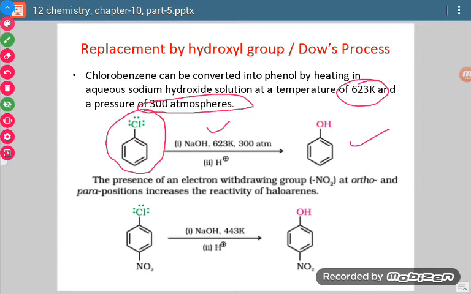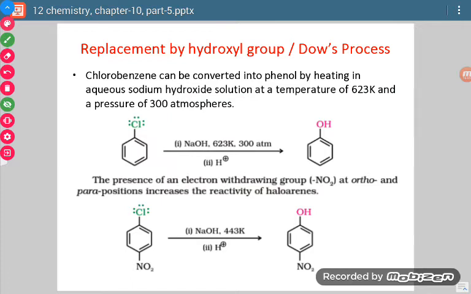Now the question is, if there is an electron withdrawing group present with this reactant, will it affect the reaction or not? The presence of an electron withdrawing group increases the reactivity of the haloarenes.